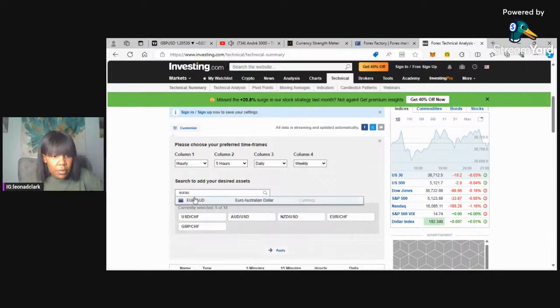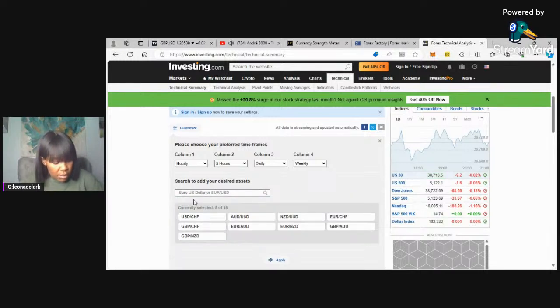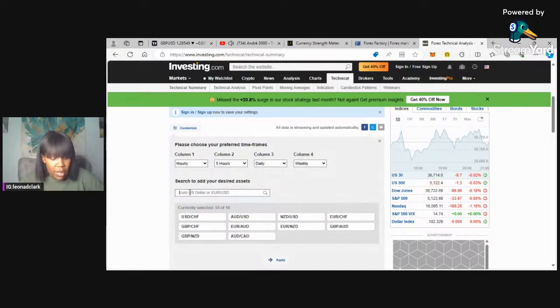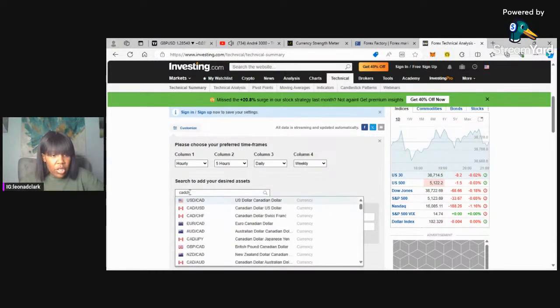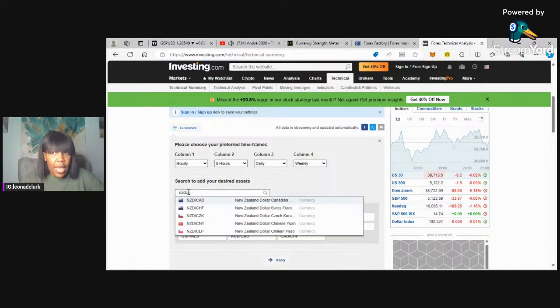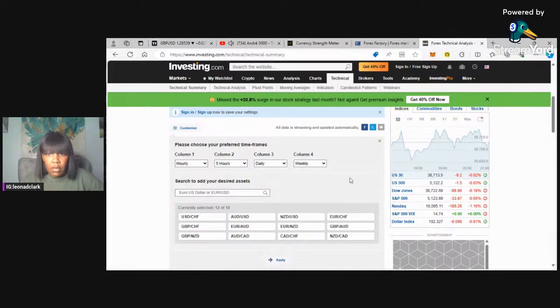Euro AUD, Euro NZD, GBP AUD, GBP NZD. I got those, AUD CAD, and CAD CHF, and then we got one more, and that should be 12, NZD CAD. All right, so now I got all 12 on here.